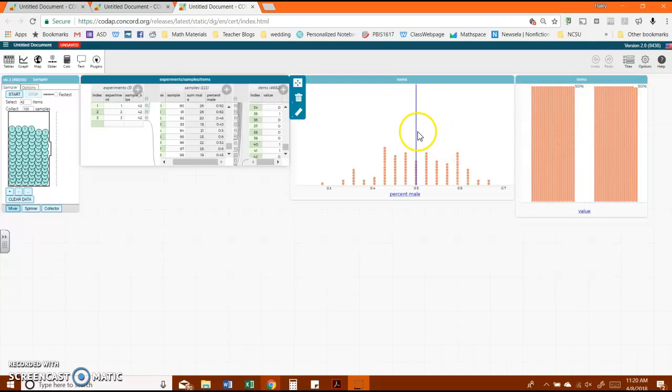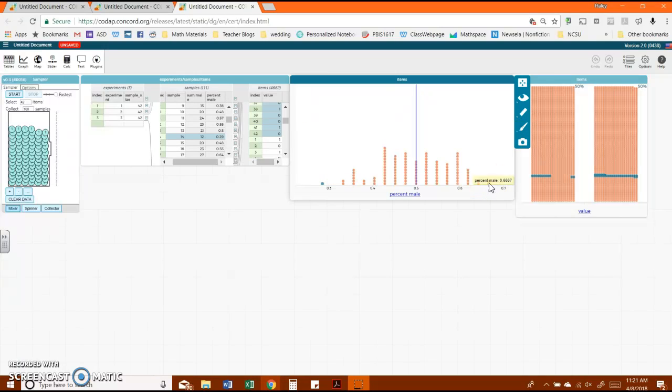In the distribution, though, we can see that sometimes, this time they only got 28% male. And way over here, they got 67% male. So we can see that it can happen.